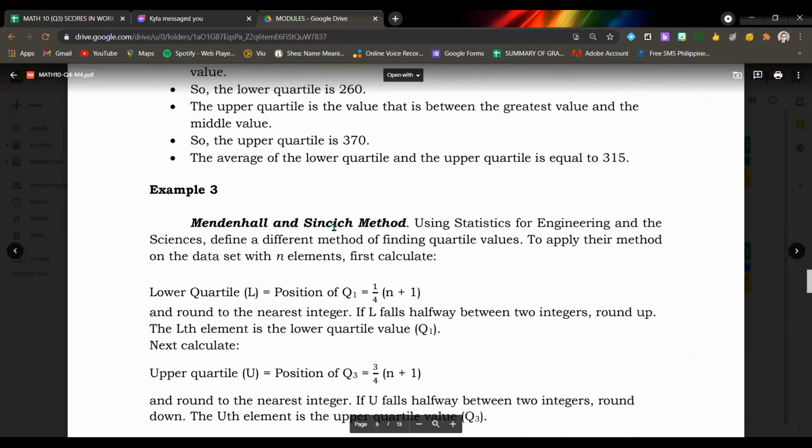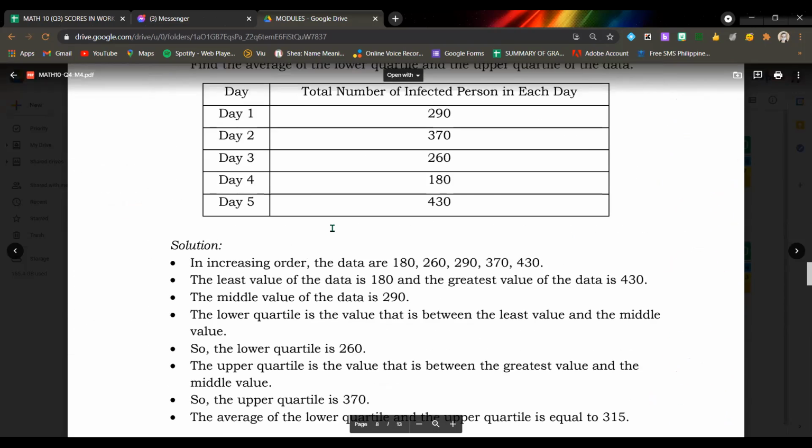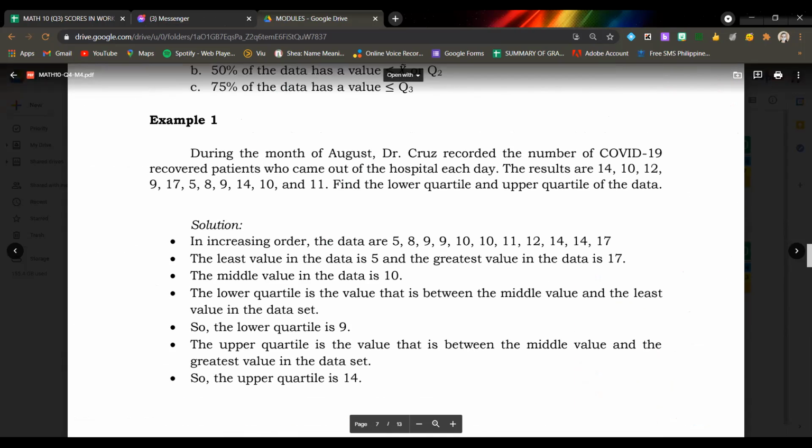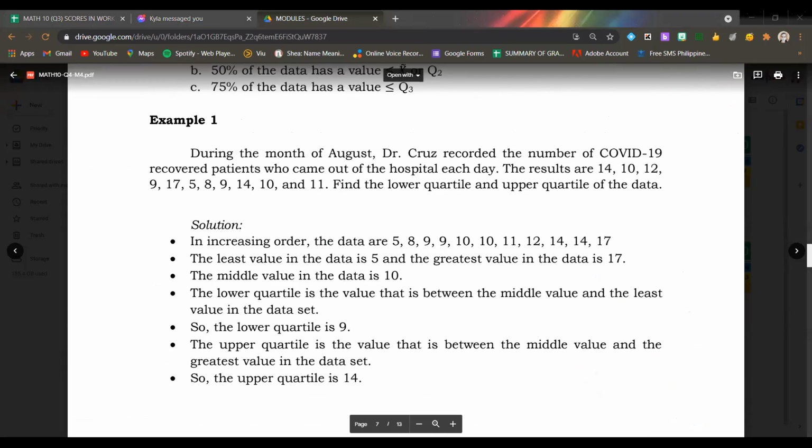First, let us get a data. Kuha muna tayo ng data, no? Kunin natin tong nandito sa taas. Then, let us find the median. Okay? Hanapin natin yung median niya.